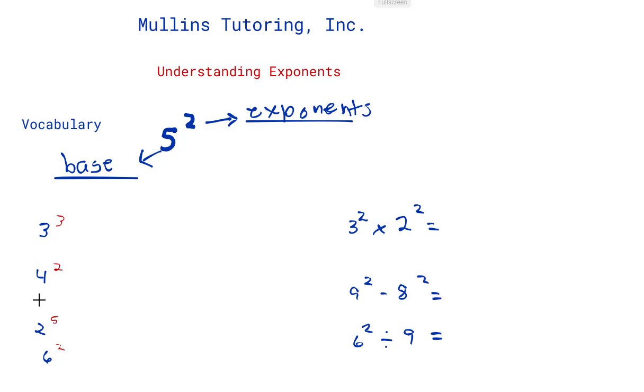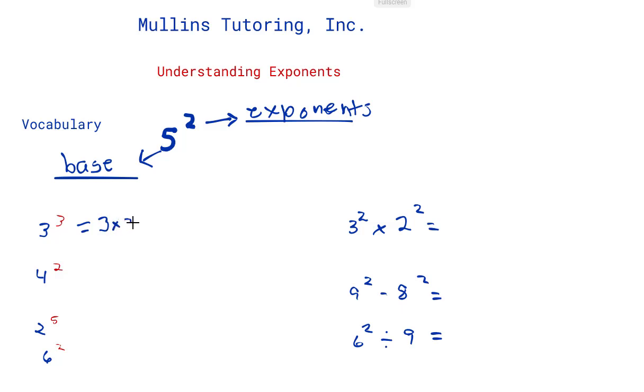So we're going to do a couple of examples. The first one I have is 3 cubed. One mistake people make is they say, oh, well, it's 3 times 3, which would give me 9. But what this is telling me is I'm going to take my base of 3 and I'm going to multiply that 3 times.